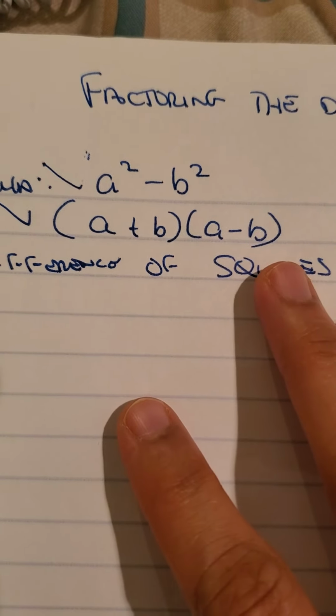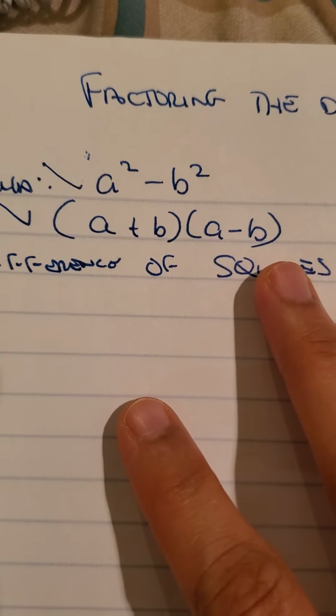Basically, you're going to have the two terms expressed as a sum and difference of each other. Because if you use the FOIL expression, or just redistribute these factors, a times a is a squared.